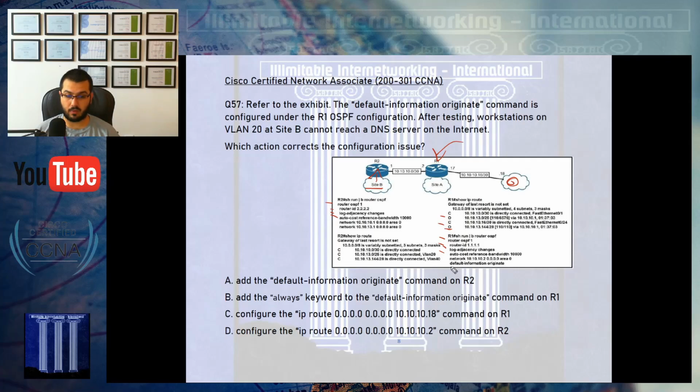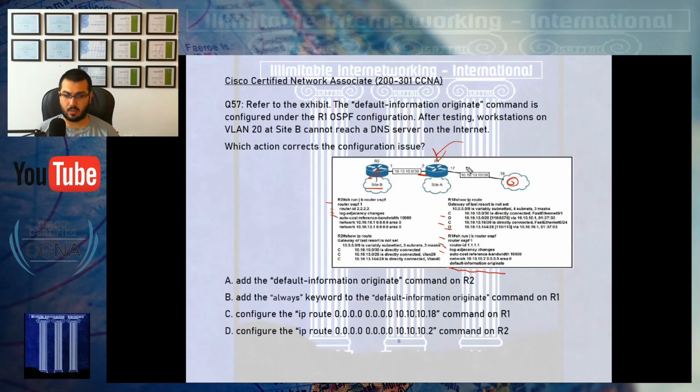R1 has the config of default information originate, but it has only one network. R1 is actually in the middle between two networks. It's only advertising one network, which is 10.10.10.2, in area 0, but it's not advertising the internet.